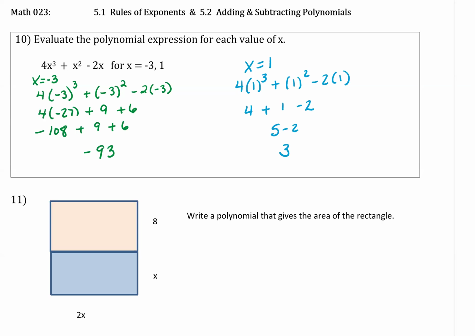All right, well, if you got -93 when x is equal to -3, congratulations. And when x is equal to 1, the expression is equal to 3.